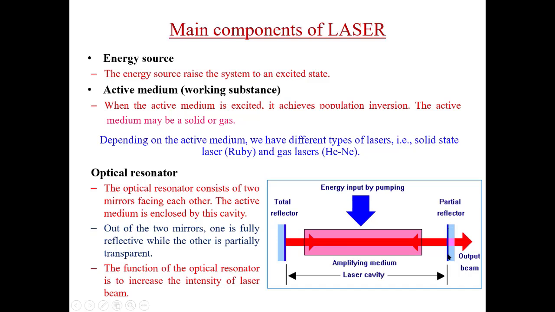These are two mirrors, where this is fully reflective and this is partially reflective. This region between these two reflectors is known as laser cavity, and the energy is supplied to this active medium for pumping by energy source. And the output beam at the outer face of the partially reflective mirror is the beam of laser.